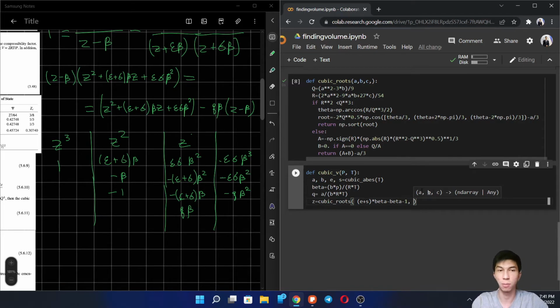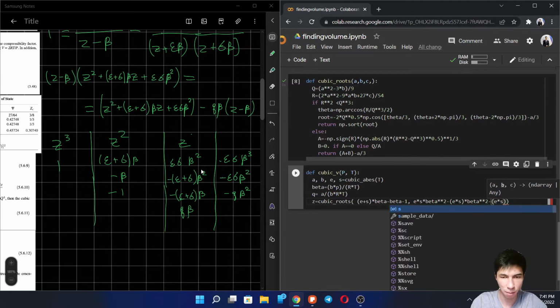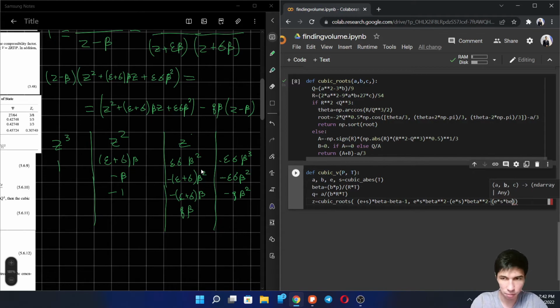So we provided that, and we need our value for B, which is going to be epsilon times sigma times beta squared minus epsilon times sigma times beta squared, and minus again epsilon times sigma times beta.